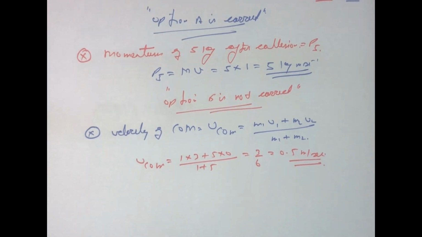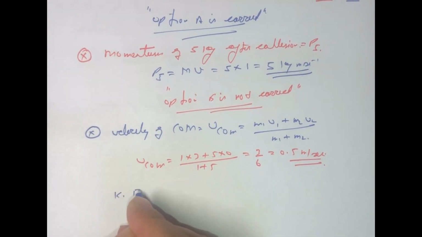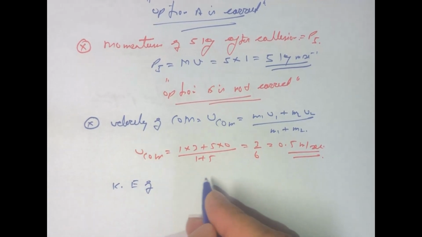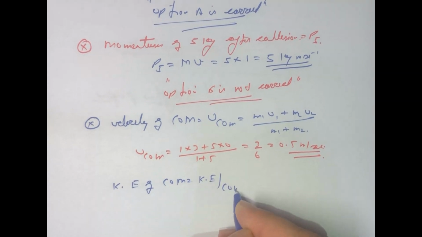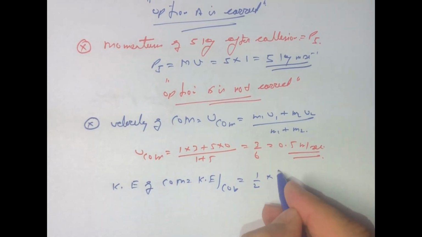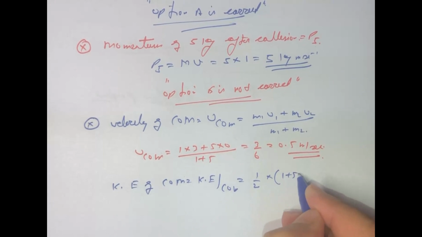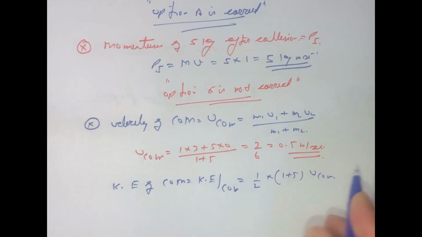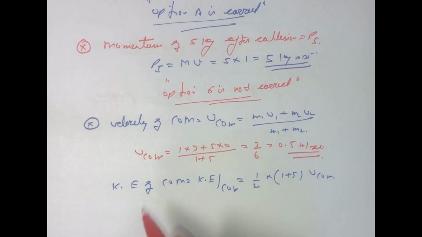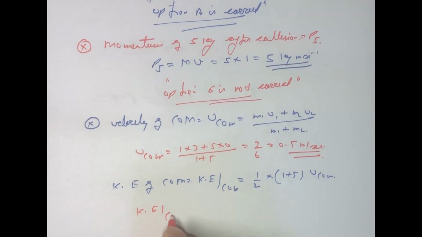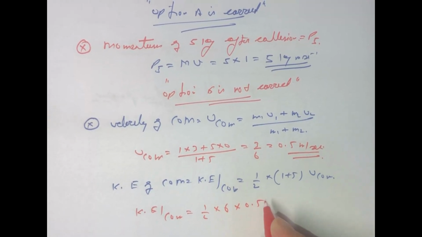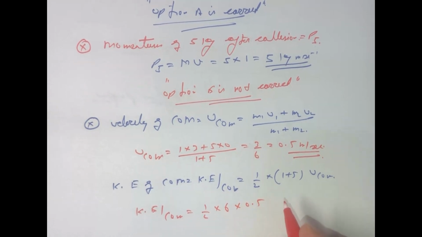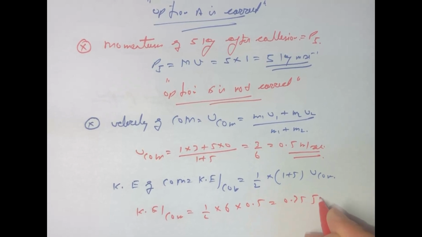Therefore, the kinetic energy of the center of mass, KE COM, is equal to half into (1 plus 5) multiplied by VCOM squared, which is half into 6 into 0.5 squared, and this is equal to 0.75 joules.